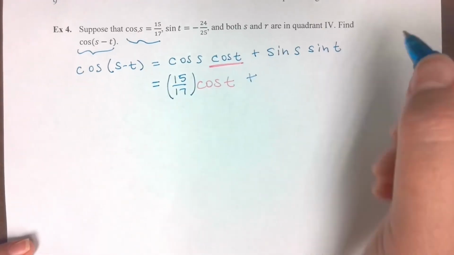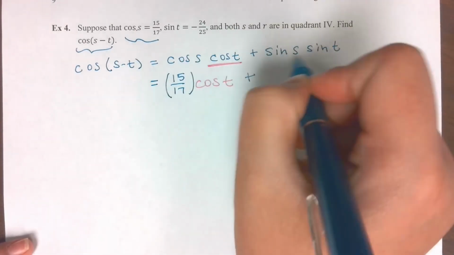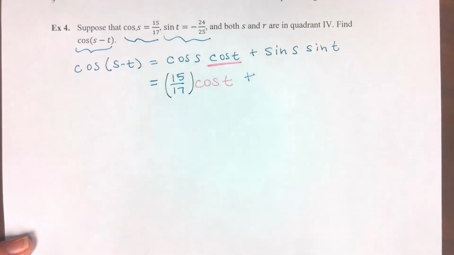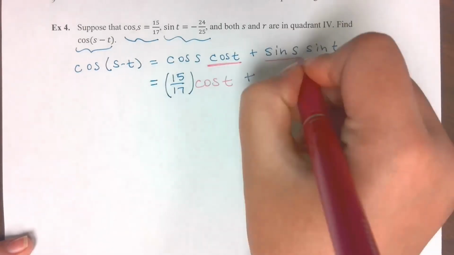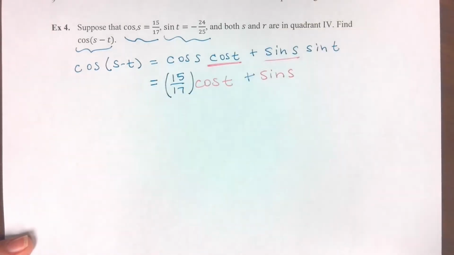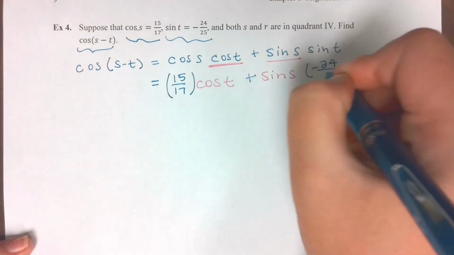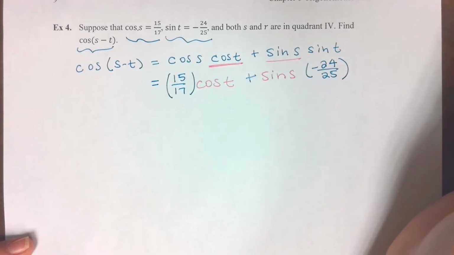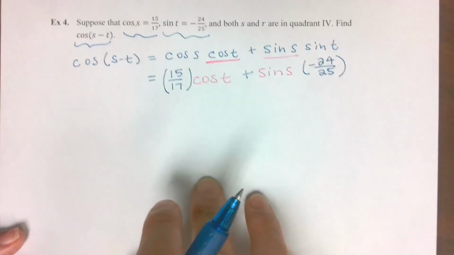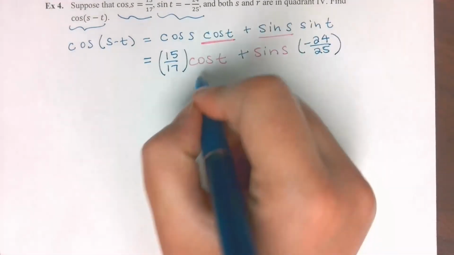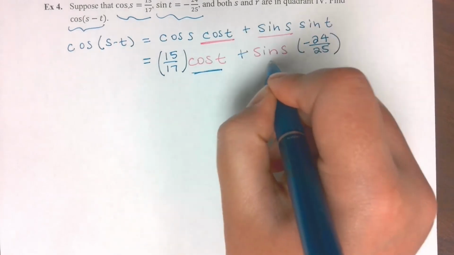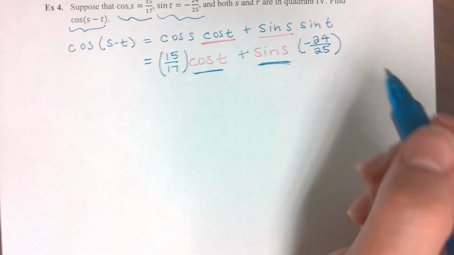And then we don't know sine s. We only know sine t, so I'm just going to rewrite sine s. And then sine t is negative 24 over 25. So how do we find cosine t and sine s?